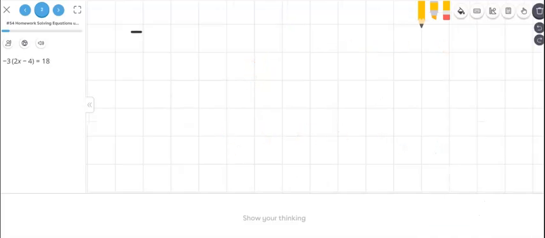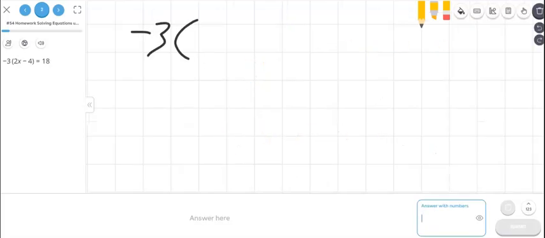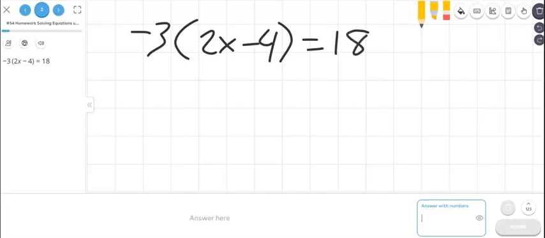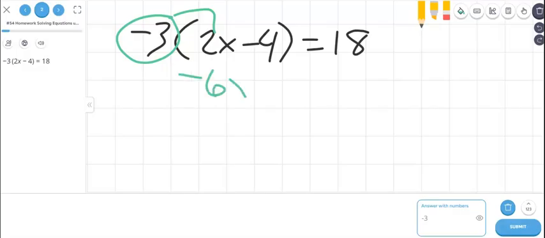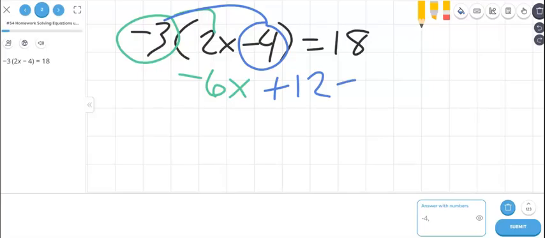Alright, we have negative 3 parenthesis 2x minus 4 equals 18. So we're going to distribute the negative 3 to 2x. That's negative 6x. Then we're going to multiply negative 3 times negative 4, which is positive 12.